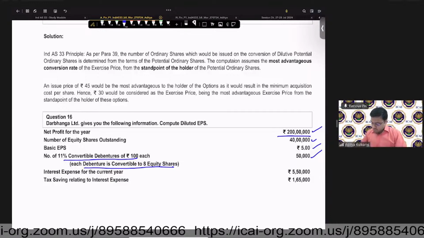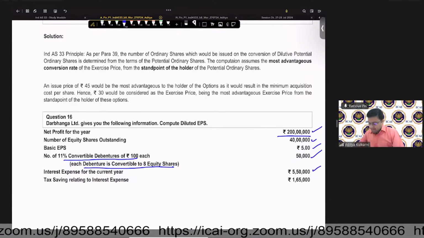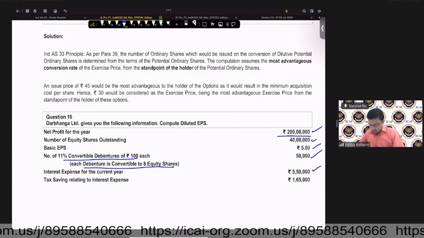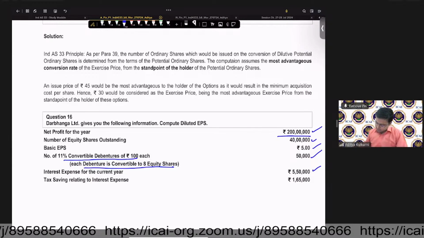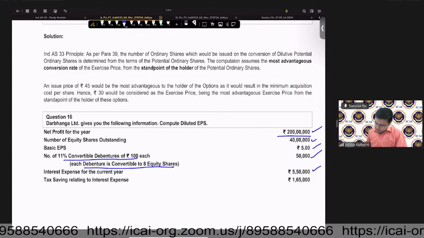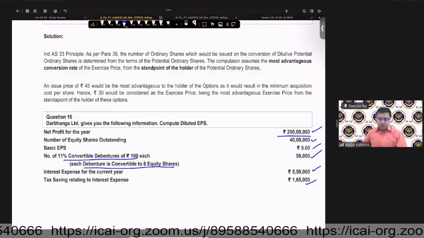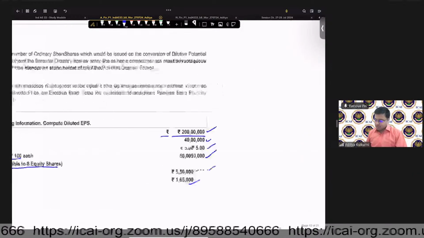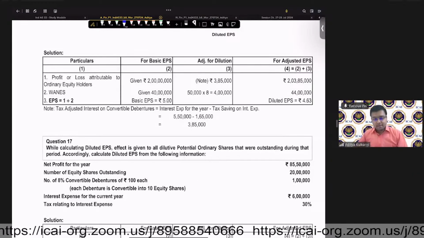Interest expense for the year is 5,50,000. Tax savings related to the interest expense is 1,65,000. So the question is, how do we calculate the diluted EPS?